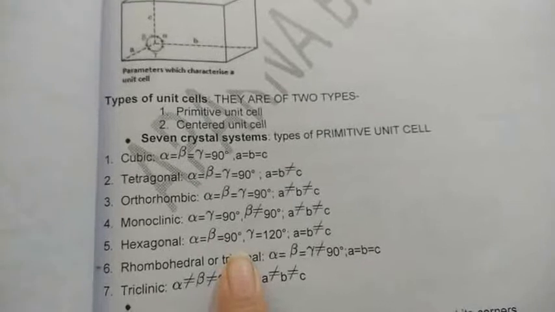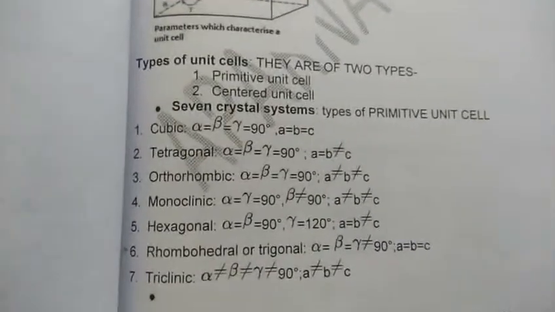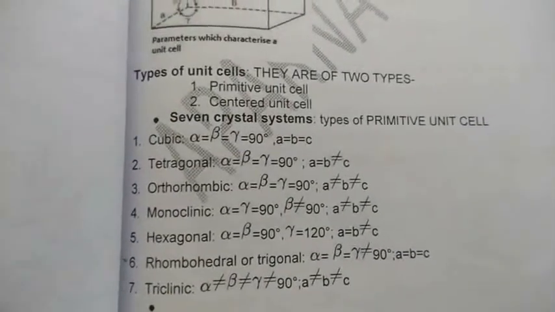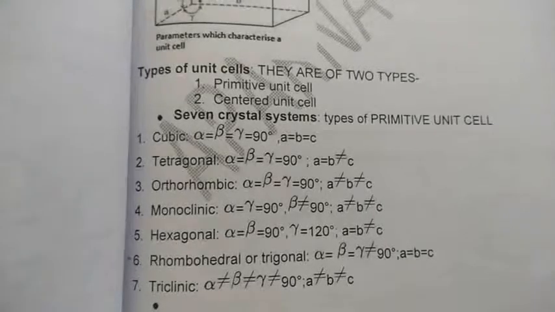This is never asked in the exam, but it is a part of NCERT, so we should know that a primitive unit cell is actually of these 7 kinds, wherein the measurements of angles and sides have been given. One more thing has to be talked about: a cube has 8 corners, everybody knows. It has 6 faces. We should have all this information because it will be used further.